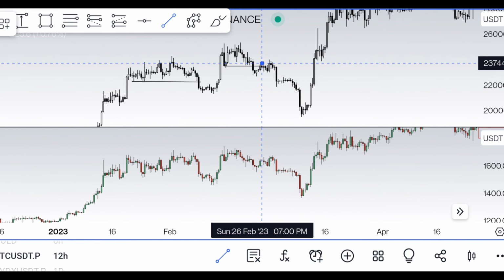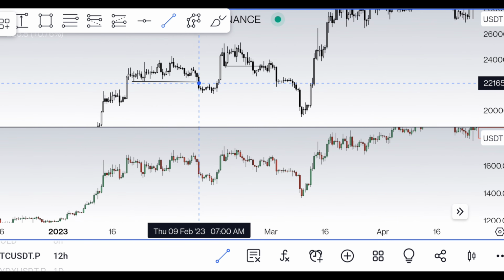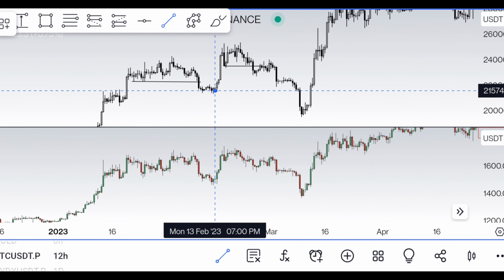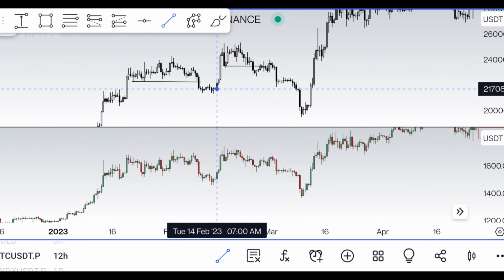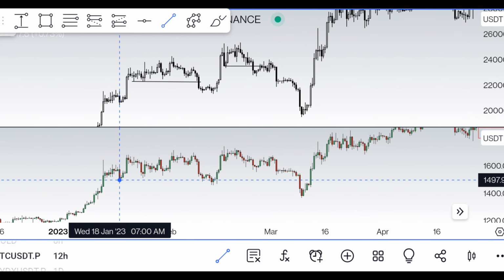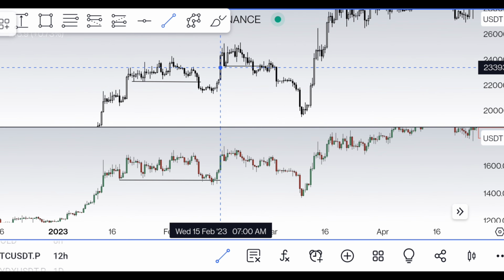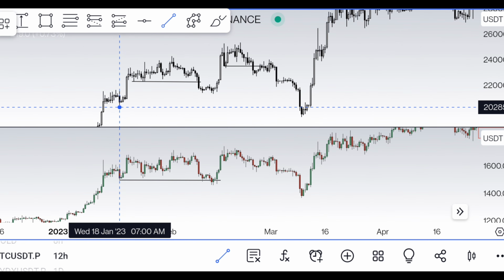Here you can see the support was broken by Bitcoin, and it came down. The support was also broken by Ethereum here, and it went down. But this was a support of Bitcoin.